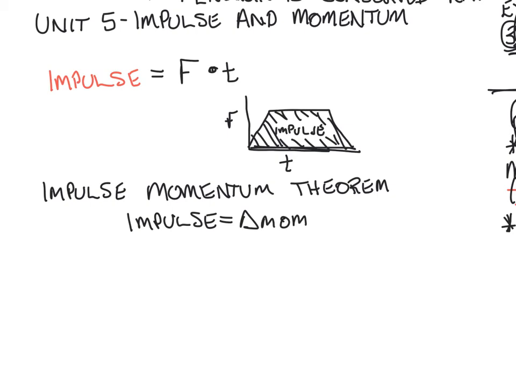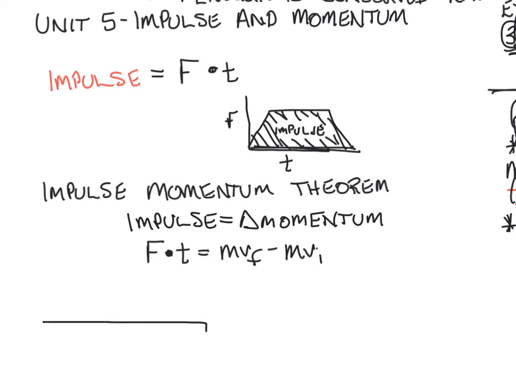Just like work was equal to change in kinetic energy, or change in energy, impulse is equal to change in momentum. Unpacked, that equation looks like this. And frequently it's used to describe the same thing as the work equals force times distance situations.